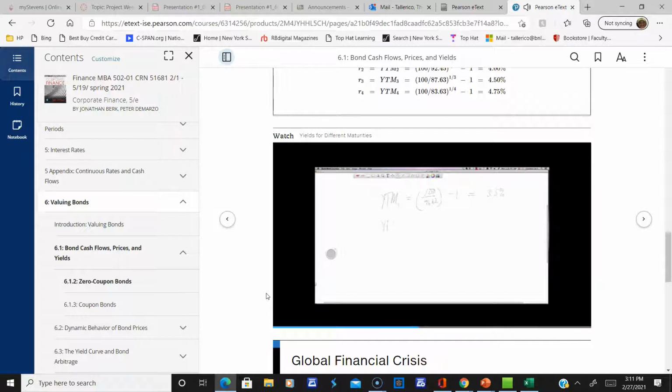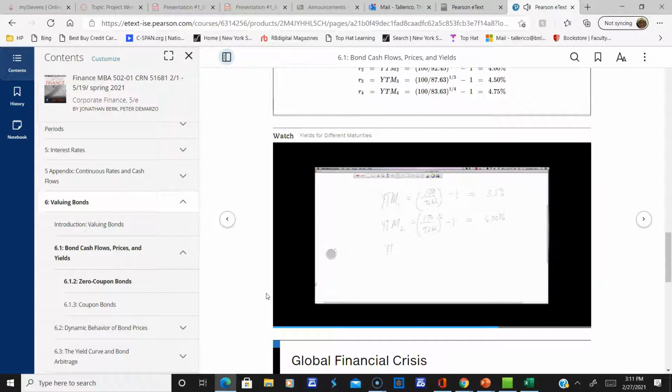The second bond pays $100 in 2 years. So the yield to maturity is therefore going to be 100 over the price today, which is $92.45, and we take the square root of that ratio, subtract 1 to get the yield to maturity of 4%.